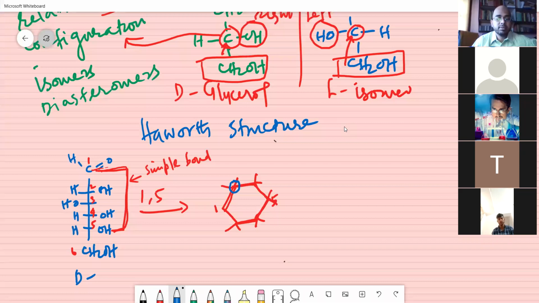Now this results in ring strain, and forms a structure like a chair form.